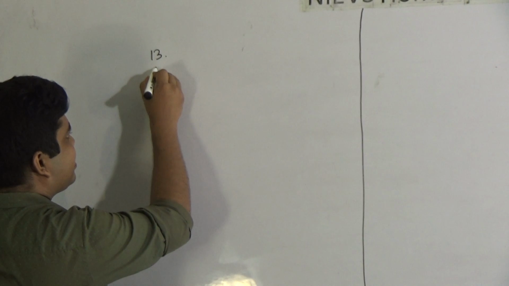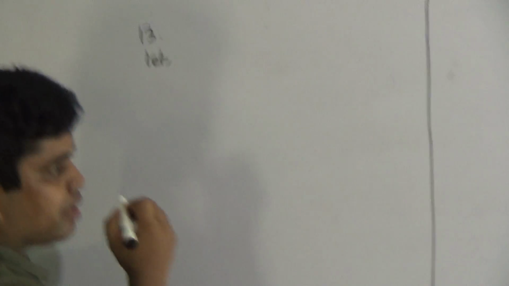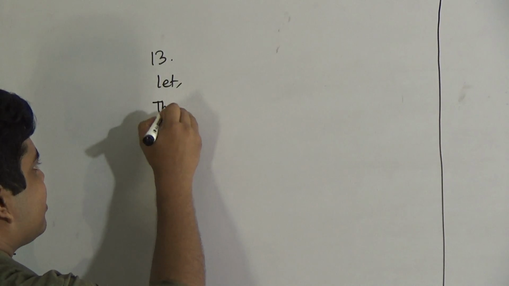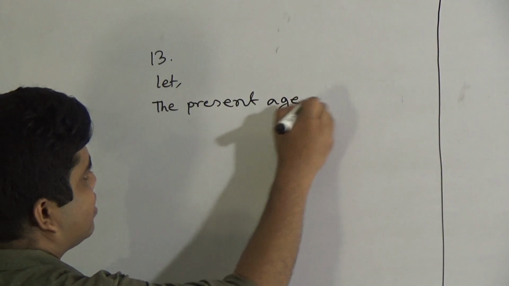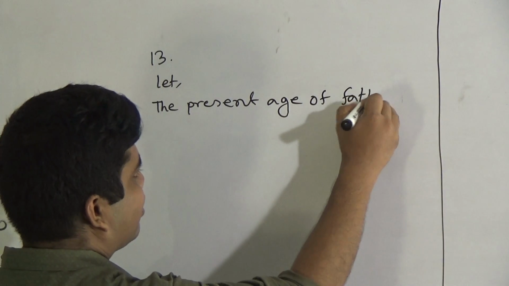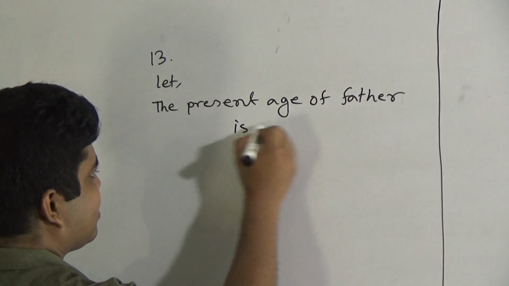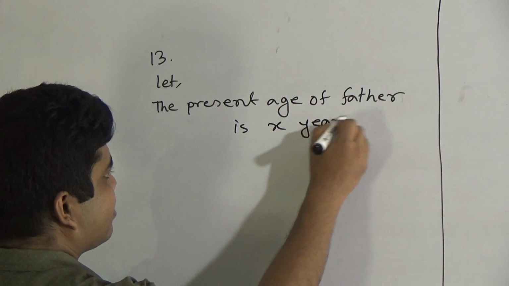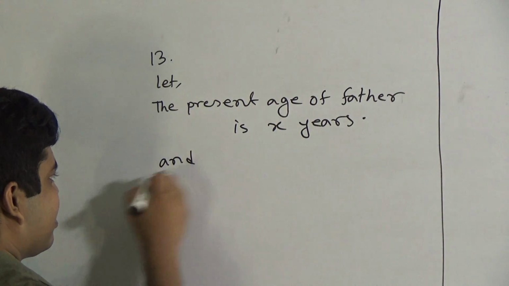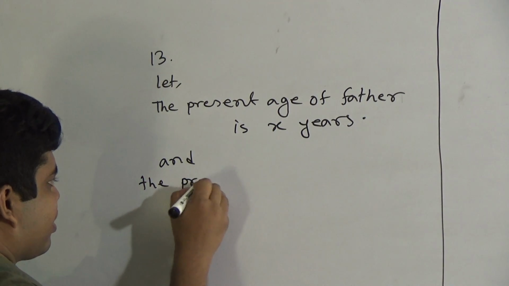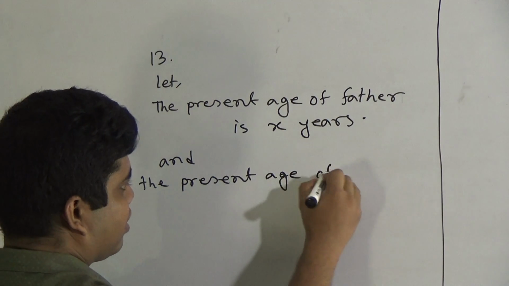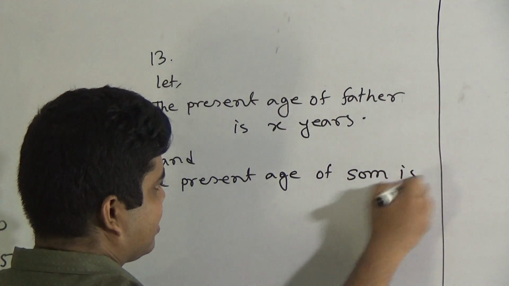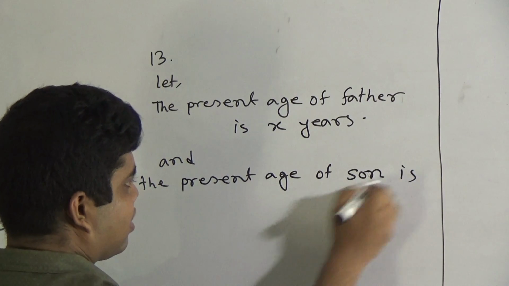First of all, we consider let the present age of father is x years and the present age of son is y years.